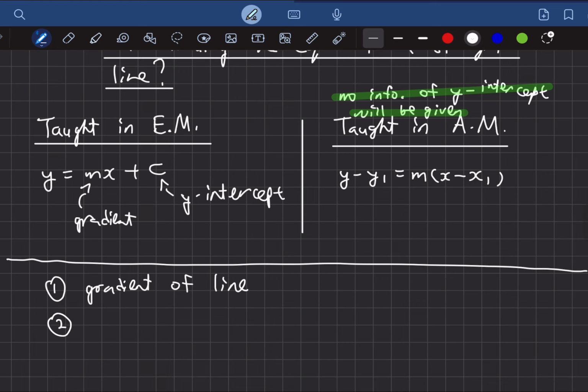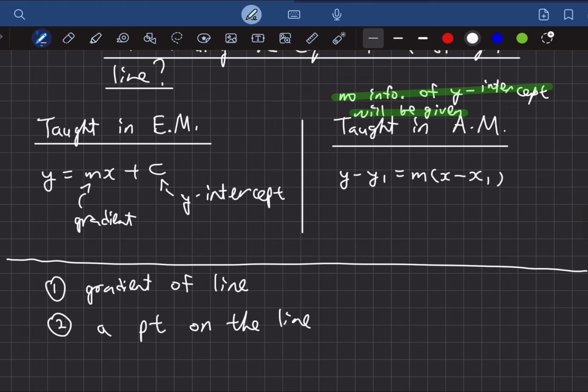Second, a point on the line that we are asked to find. So these two pieces of information must be available, or there must be a way for us to find them. Then we are able to find the equation of the straight line.